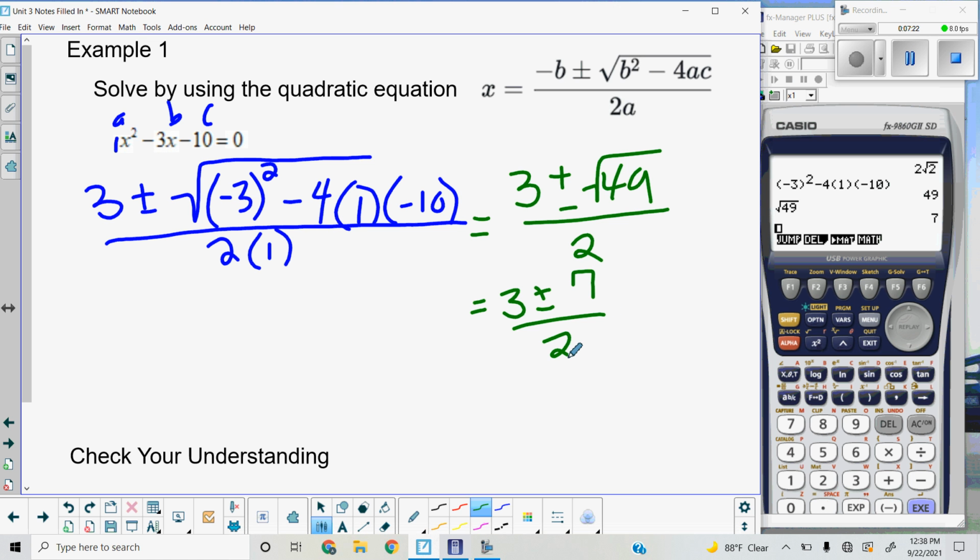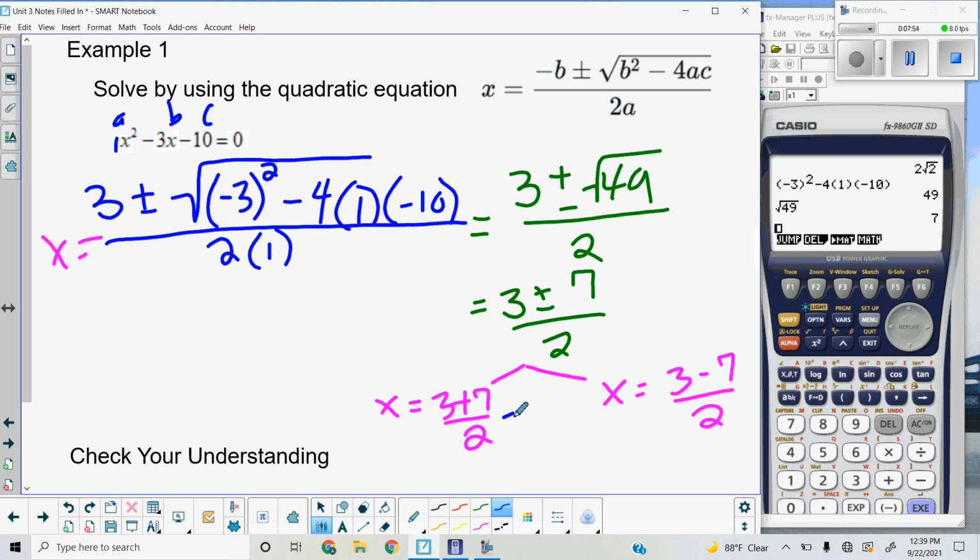Well, now, because remember, if we have two whole numbers in our numerator, we can combine those. So I'm going to separate this into two equations. So remember, these are actually all equal to x. So x equals 3 plus 7 over 2, and x equals 3 minus 7 over 2.